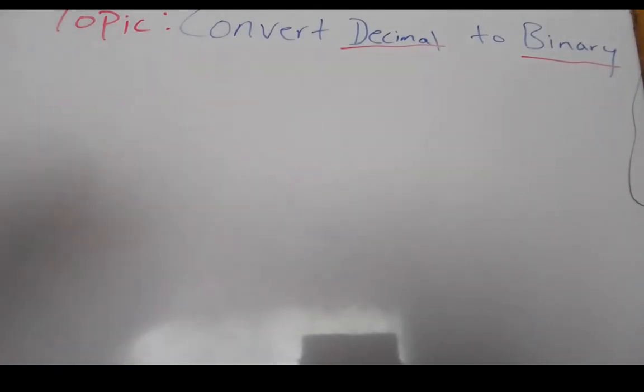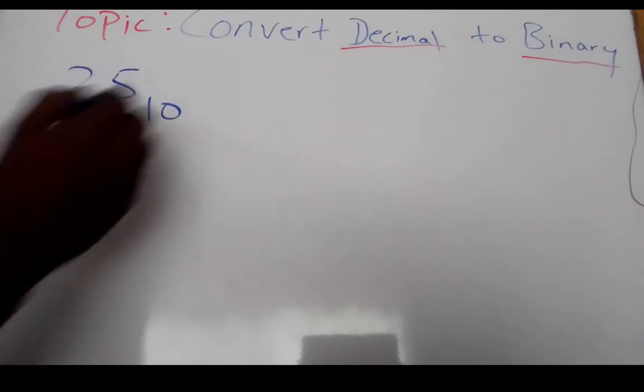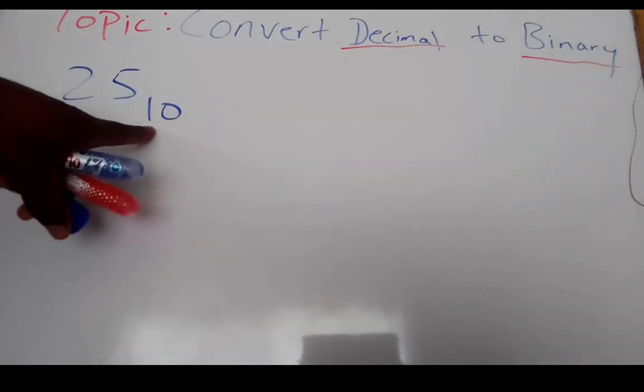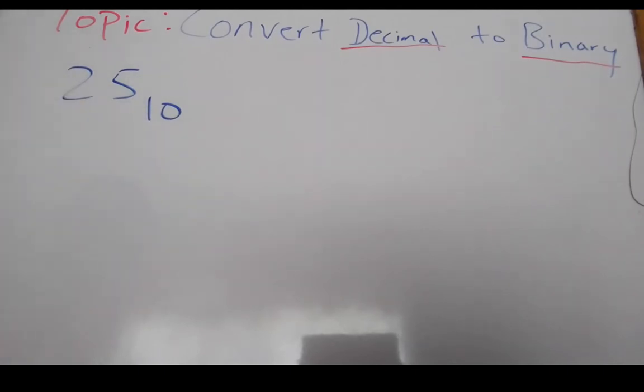So, what if you were given 25? When you see 25 with the 10 here, this is telling us this is a base 10 number. It's a decimal number, base 10.